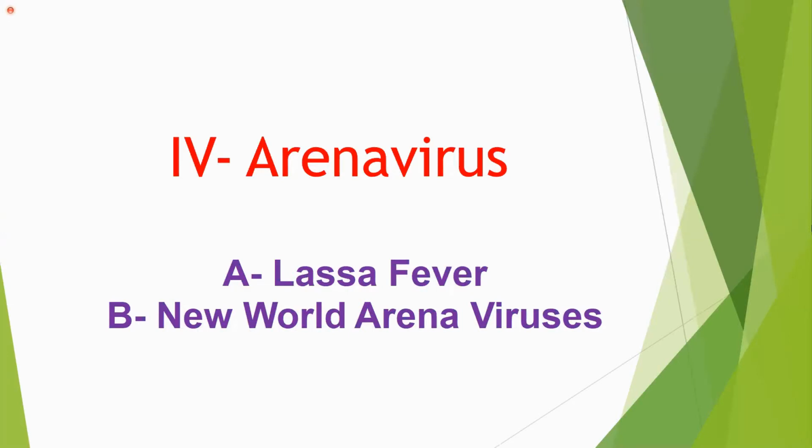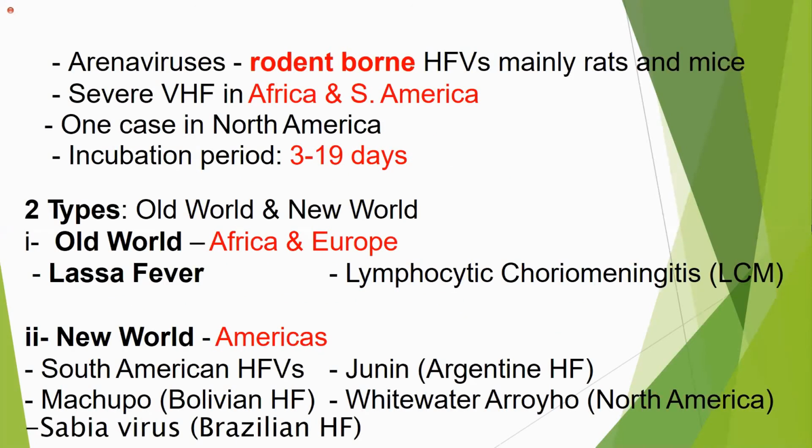Then there are the arenaviruses, which include Lassa fever virus and the New World arenaviruses. Arenaviruses are rodent-borne hemorrhagic fever viruses, with the reservoir mainly rats and other rodents. They cause severe hemorrhagic fever in Africa and South America. The incubation period is 3 to 19 days. There are two types, Old World and New World.